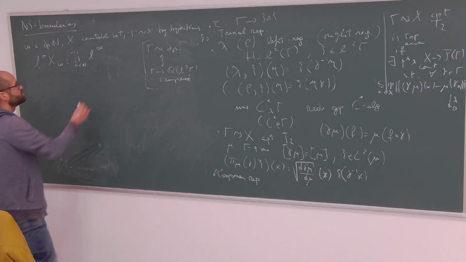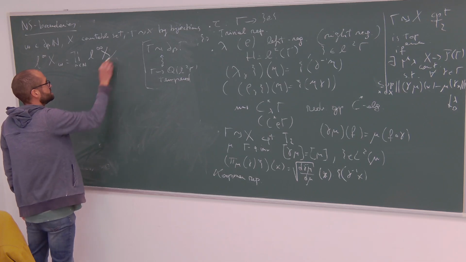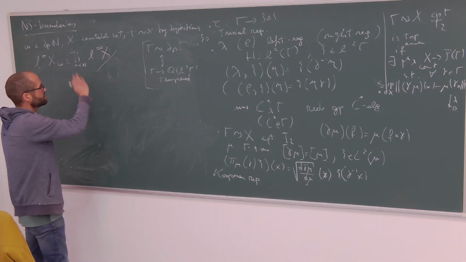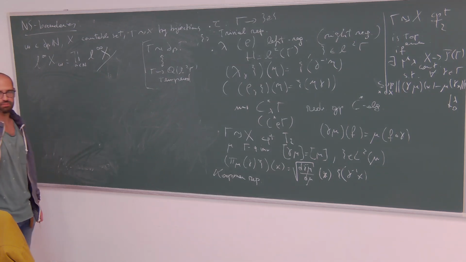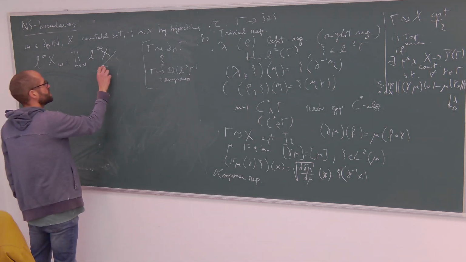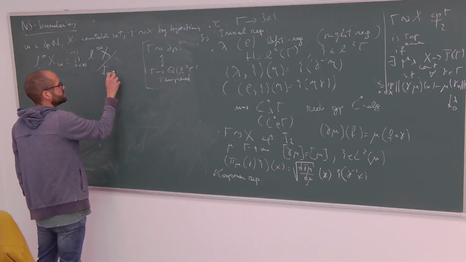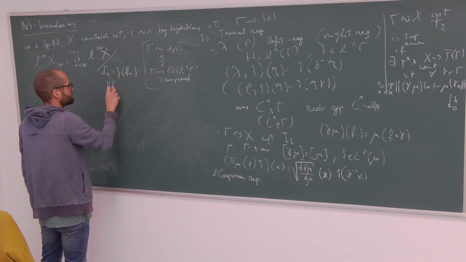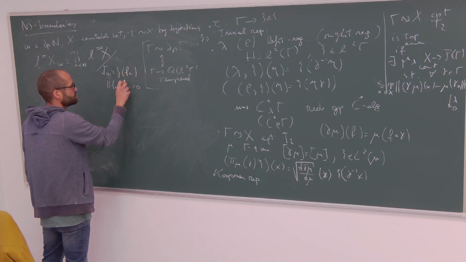I take this particular space that is the ultraproduct and is defined by all the sequences in L infinity of X, uniformly bounded sequences, quotient by a certain ideal that is exactly the ideal of sequences such that the norm of Fn goes to 0 with respect to the ultrafilter.